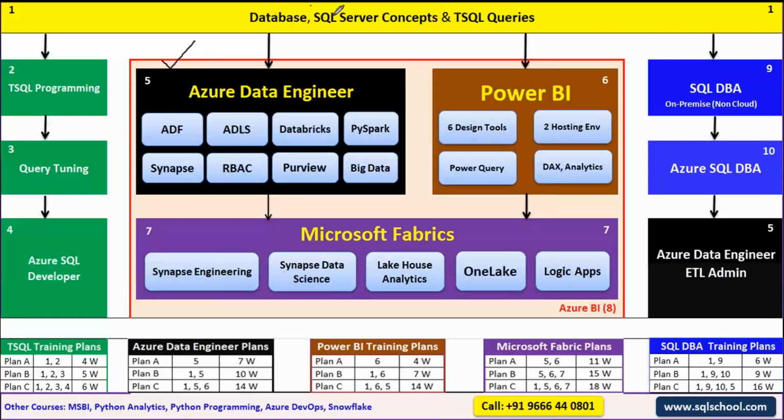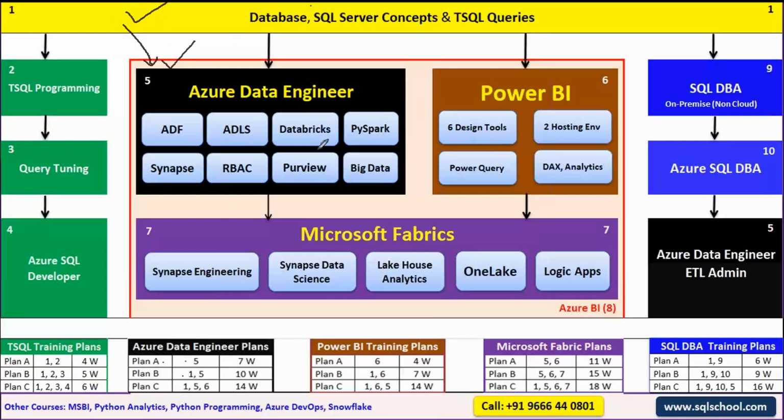Prerequisite, SQL Server basics should be fine. And option 1, core data engineering, you sign up for. If you are aware of SQL, you go only for data engineering. Later you can upgrade to Power BI if required based on your resume. Or if you want a refresher of SQL, then 1 and 5.